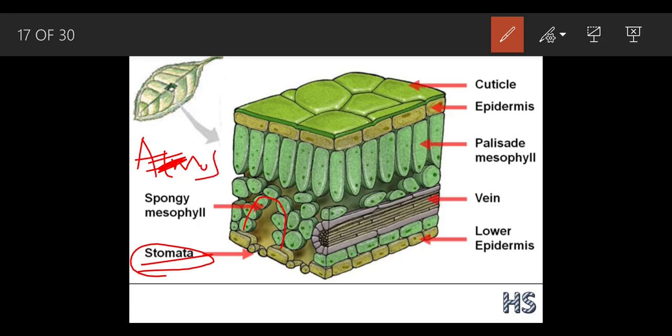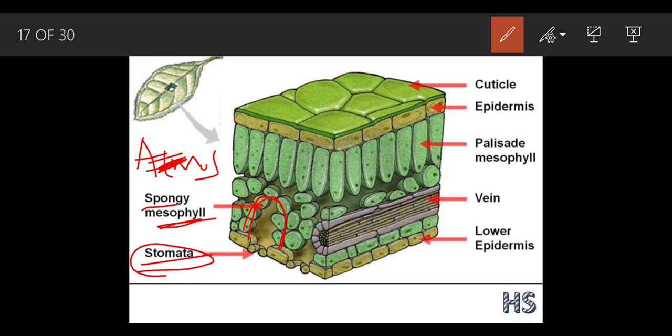The inner wall of the stomata, see this side, has the higher vapor concentration. What do you mean by that? It has the higher water concentration, it has the highest vapor concentration, meaning it has a huge amount of water molecules inside this spongy mesophyll region.